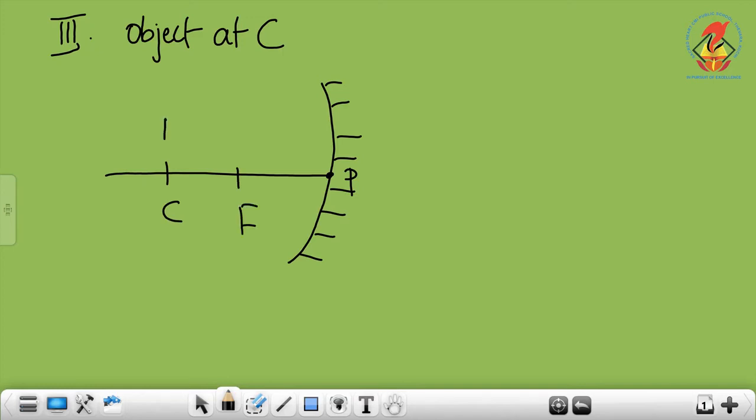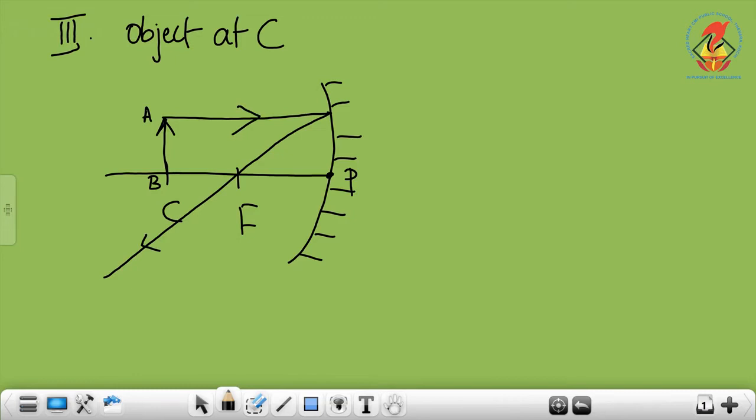Now, I will draw the object here, A, B. That is the object. So, first a ray of light parallel to the principal axis. After reflection, it passes through the principal focus. So, this is the first rule.